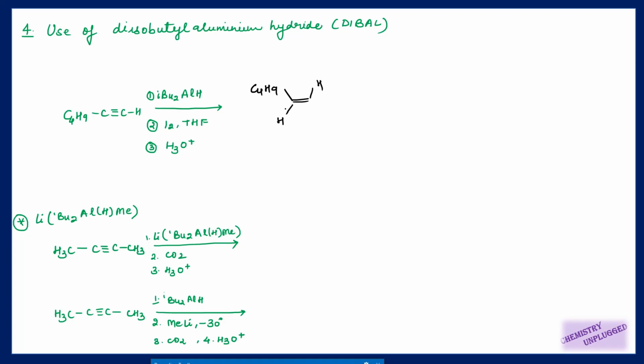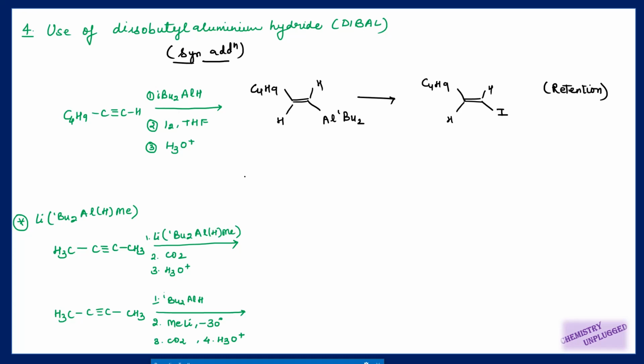The hydrogen from the aluminum hydride will go to this side. In the next step, suppose I am using iodine, so this part will be replaced by iodine, or you can use any other electrophile here. We can use aldehydes to attach OH here, or different types of electrophiles. So there is again retention, where iodine takes the position of the isobutyl aluminum. The important point about this reaction is that there is syn addition. If you remember these things, then you can easily do the problems.